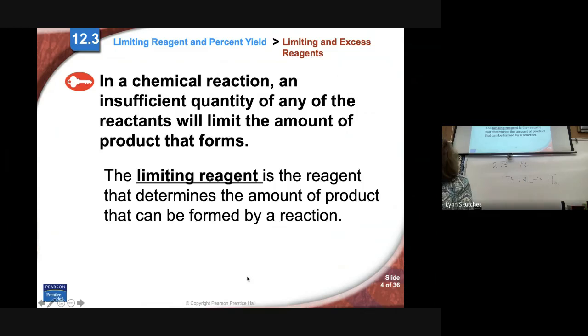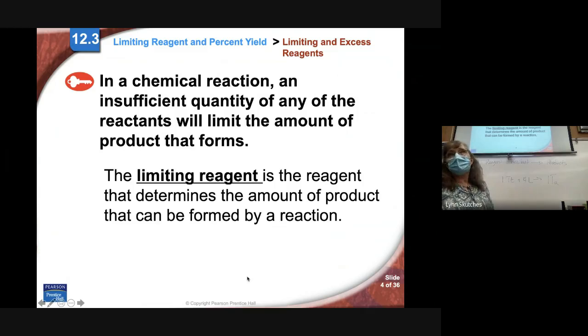So reagents, I guess a new word for you guys, means the same thing as reactant, basically. It's just something that reacts together with other stuff. So we're going to use reagent synonymously with reactant. Okay, and those added together make our products, of course.